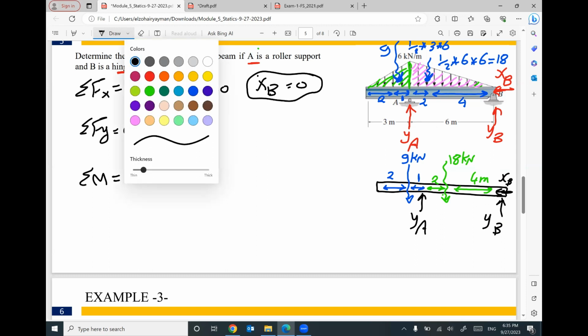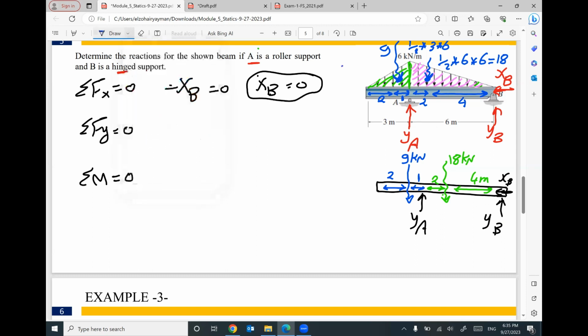We don't have any forces in x direction, which is very easy. Summation F of y: I have positive YA, negative 9, negative 18, and positive YB. Nothing else. So I can simplify it: YA plus YB equals 27.